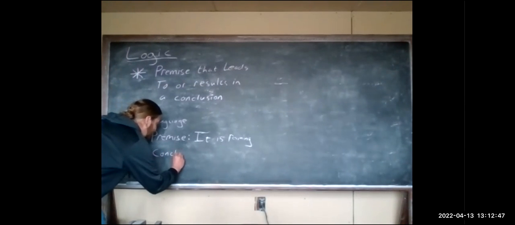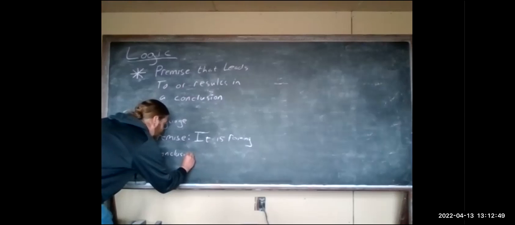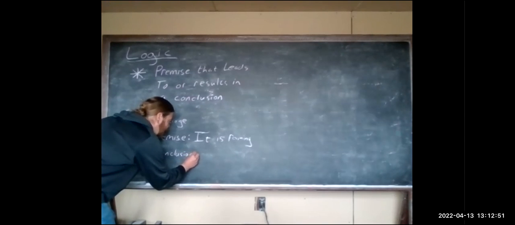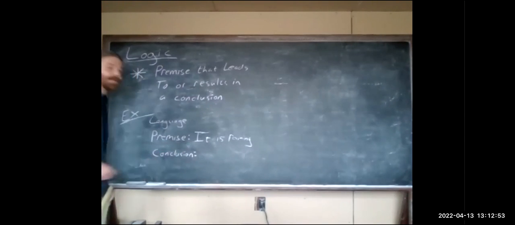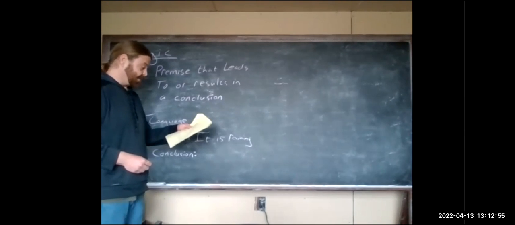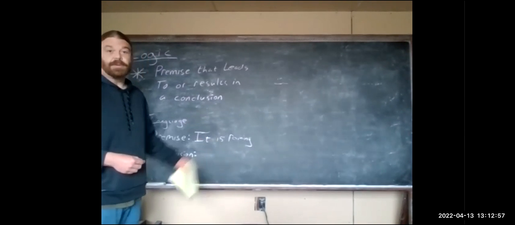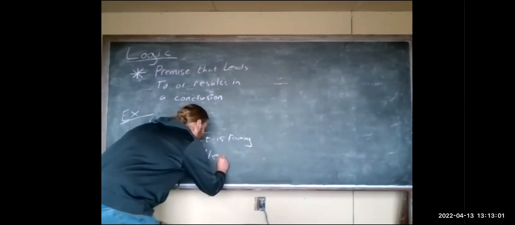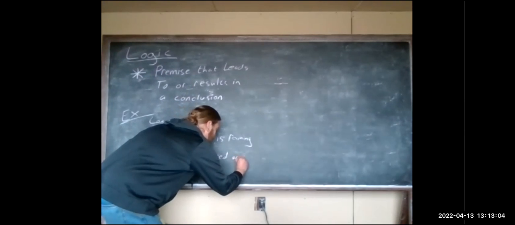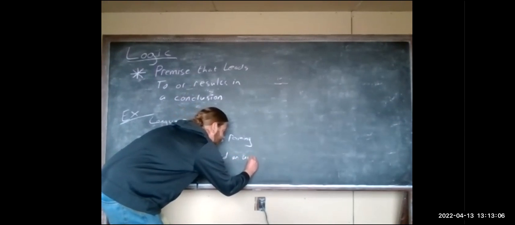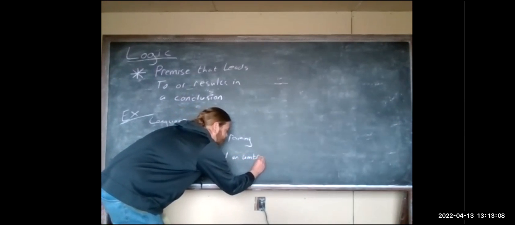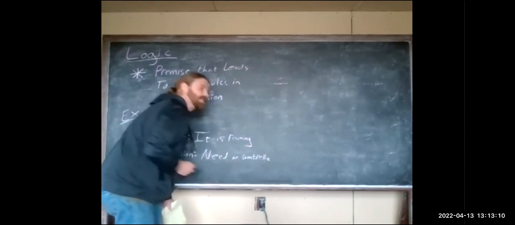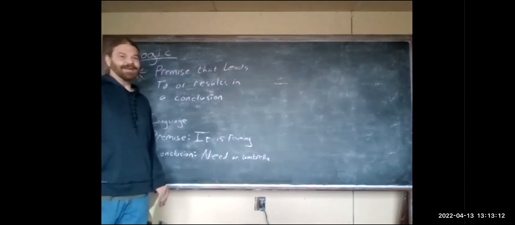And the conclusion drawn from that, which is where I was asking for a little bit of leeway for the purposes of writing out our example, I'm going to say need an umbrella. So you can see, obviously that one could be taken different ways, right?